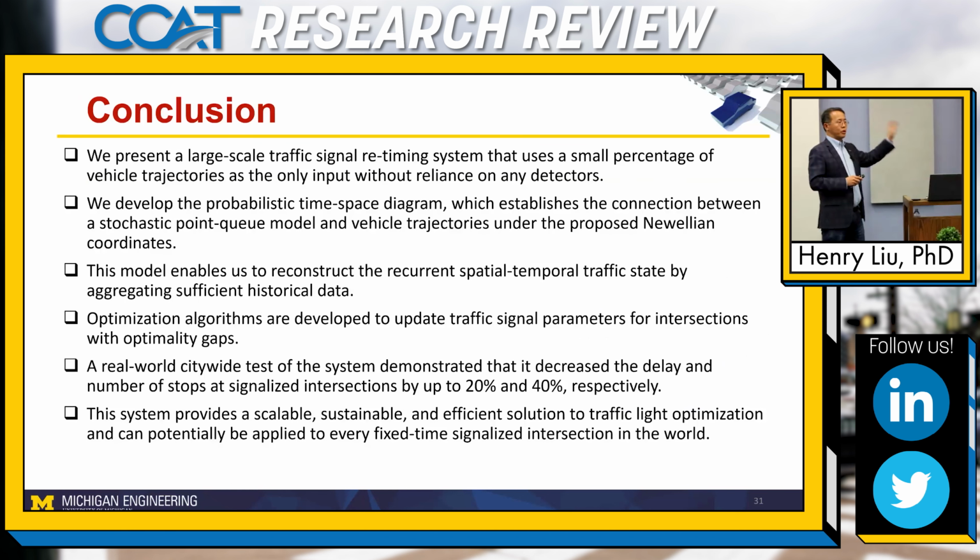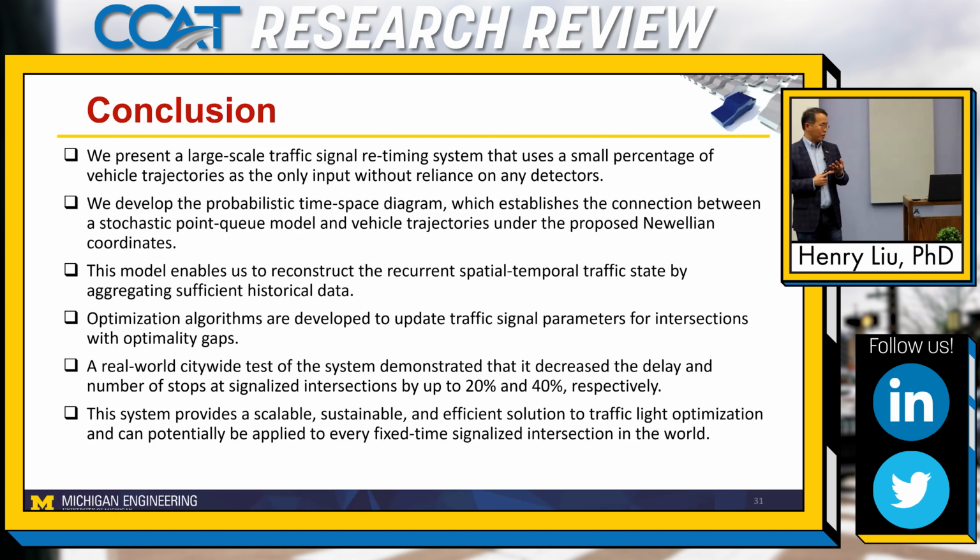And so, just in terms of conclusion, we looked at what we did with traffic signal optimization and collecting high-resolution data previously, now utilizing vehicle trajectory data and overcoming some of the challenges of utilizing low penetration rate vehicle trajectory data.